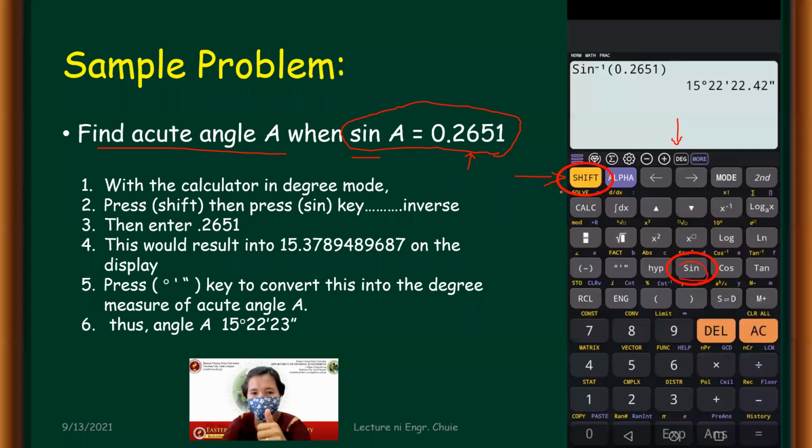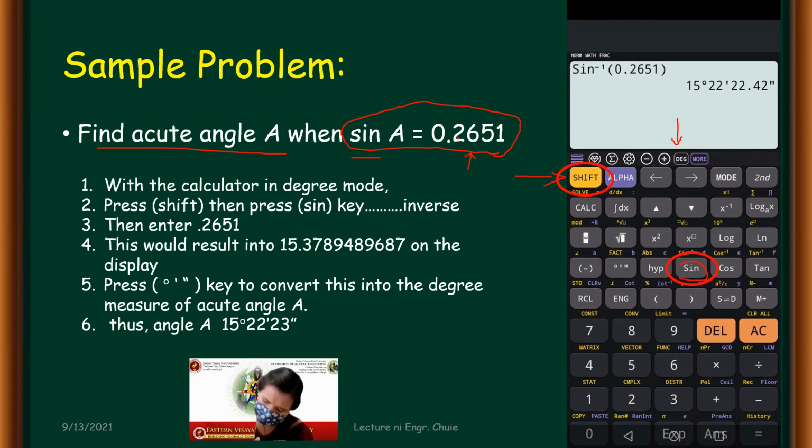Pag shift tapos sine, magiging may -1 na lalabas sa monitor ng calculator. We have here. Then we enter the trigo function, which is 0.2651. So we have here, if you try, nakikita ba? I'm not sure kung nakikita.